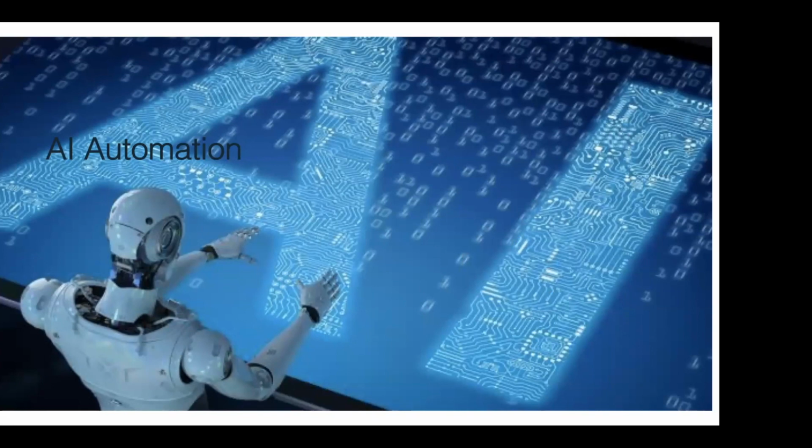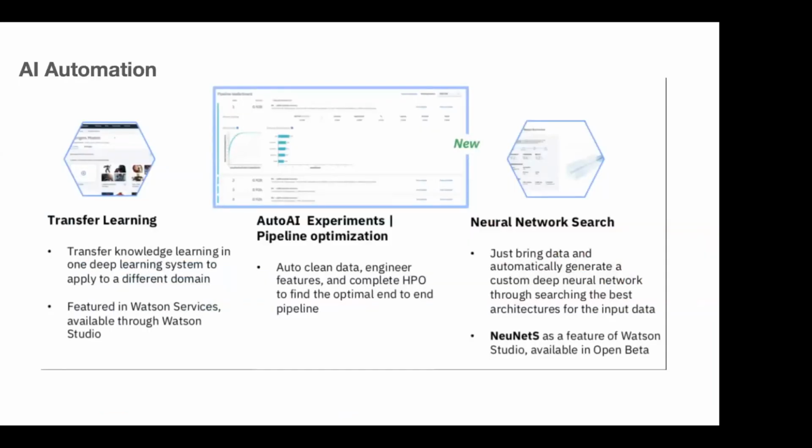So now let's talk about AI automation a little bit. So far we learned how to build the machine learning algorithms and what are the useful packages that you can use. However, there is something that is also called AI automation.